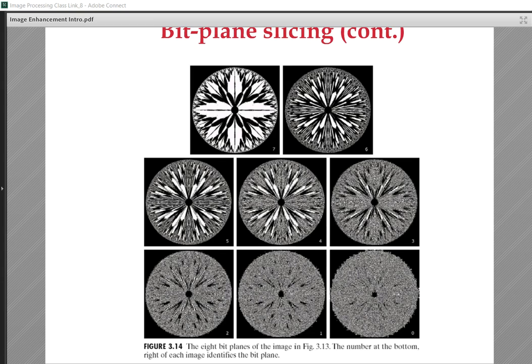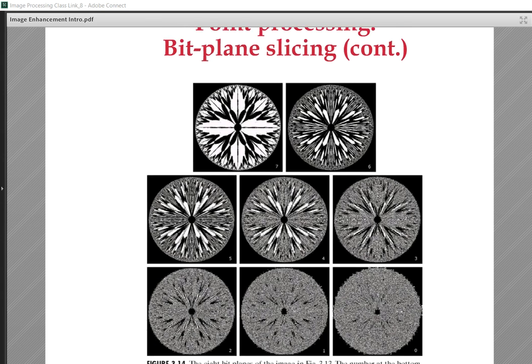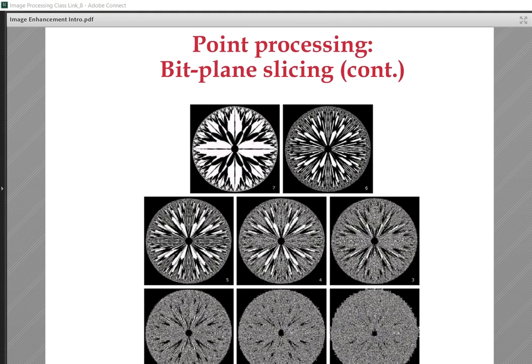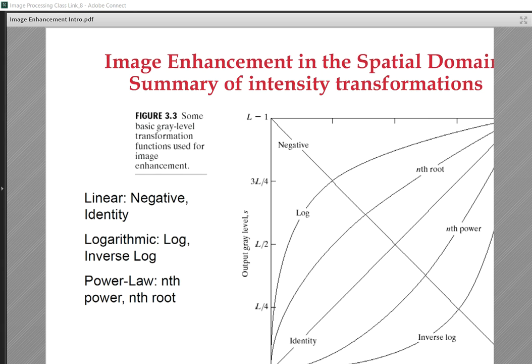This is bit plane 0, with almost no information, but this one contains more information. Most information is here, and after it, this information. This is bit plane 7, the most significant bit plane, the MSB. This is after it, and this is after it.